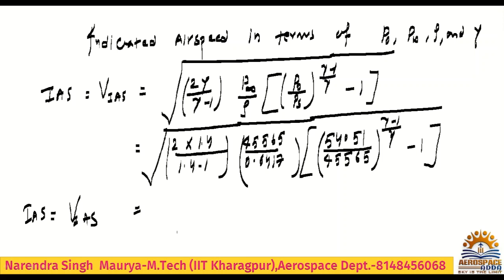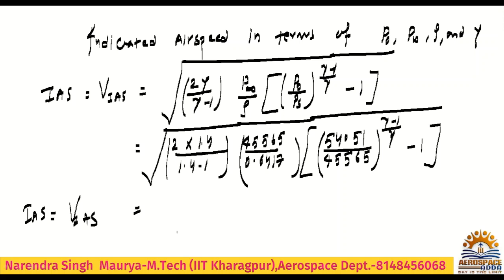Then minus 1, then multiplied by 45565 divided by 0.6417, multiplied by 2 into 1.4 divided by 0.4. Take root.